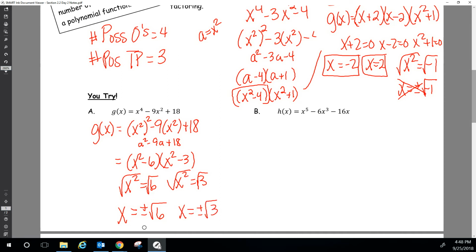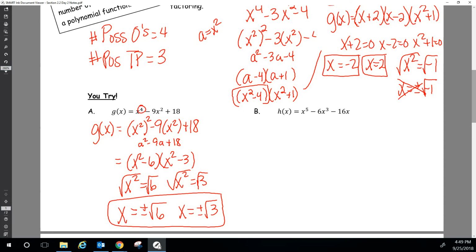So I've got 1, 2, 3, 4 different zeros here. Are these guys real? You betcha. There's not a negative underneath the house, so it doesn't matter that it's a square root. It matters if there's a negative under the square root. So all 4 of these are real solutions. And then I forgot to do this at the very beginning.